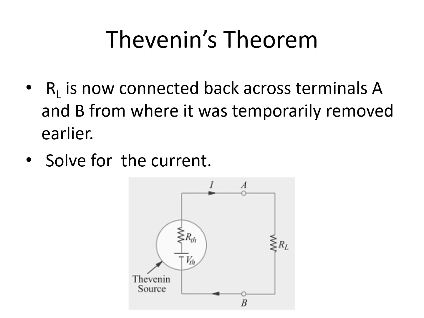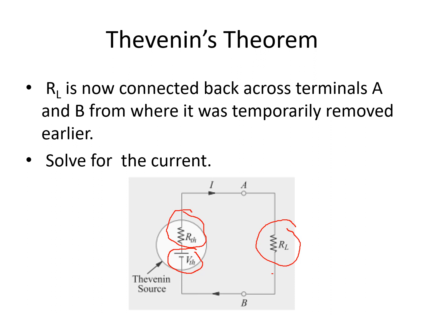RL is now connected back across the terminals A and B. So we place again your RL there because we removed that earlier. And then we're going to put your VTH in series with your RTH. So this is now your new circuit, and this circuit is very easy because it is just a simple series circuit.